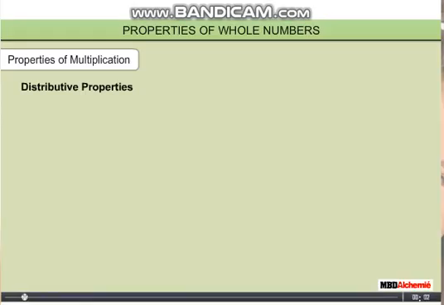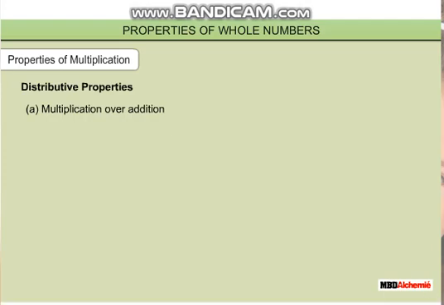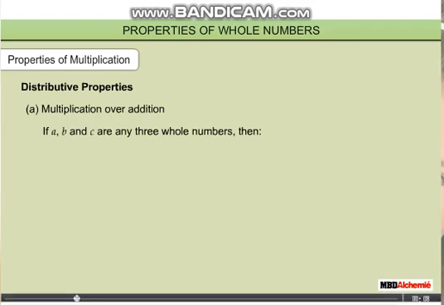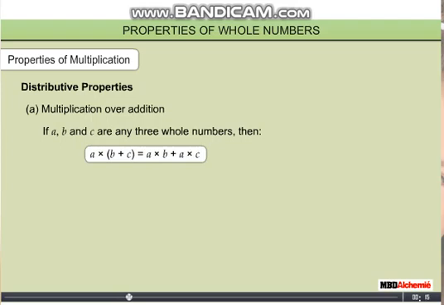Distributive properties. Multiplication over addition. If A, B, and C are any three whole numbers, then A into B plus C is equal to A into B plus A into C. Multiplication over subtraction.